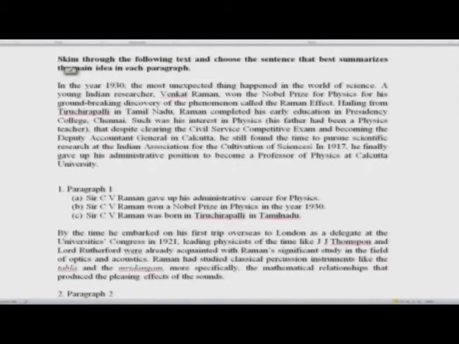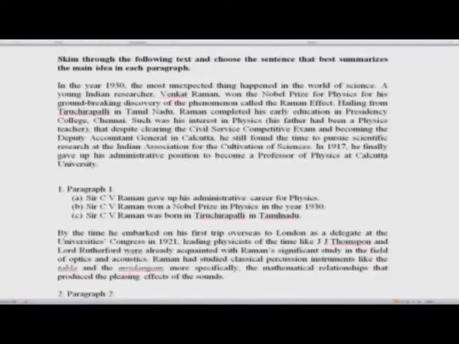How is it related to C.V. Raman? He was pursuing scientific research there, though he had been working in Calcutta as a Deputy Accountant General. Again you find the year 1917. So, what happened? He gave up his administrative position and became a professor of physics.